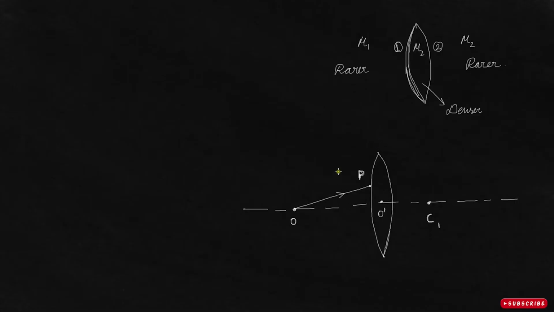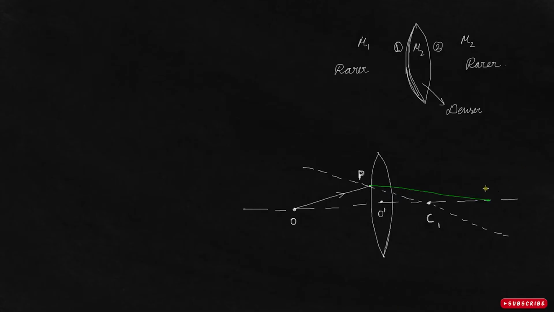For a spherical figure, the normal always passes through its center of curvature, so the normal and the direction of the radius are the same. So this will be the direction of the normal. And by the property of refraction, when light travels from rarer to denser medium, it bends towards the normal. So the light will take a path like this.